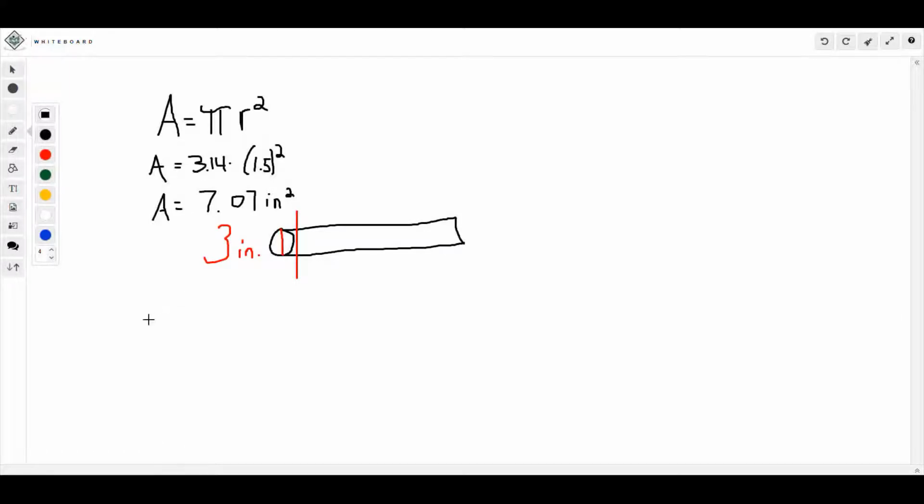Okay, so we know to do the conversion. We're just going to start out putting this, and then we need to think of some ratio that we could use. Let me look in the back of my book.